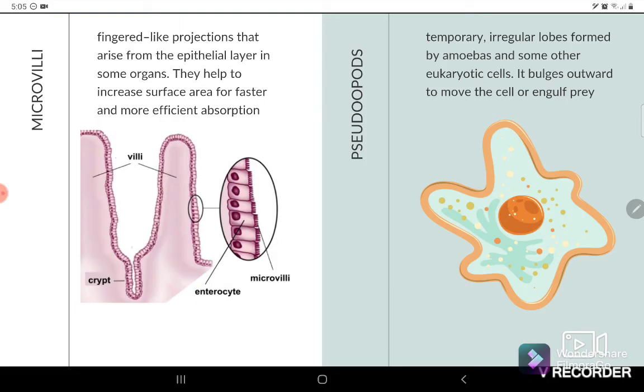It seems like they are jelly-like structures that project out. They bulge from the main cell, and that bulge will pull the cell in that direction, making that unicellular organism move.